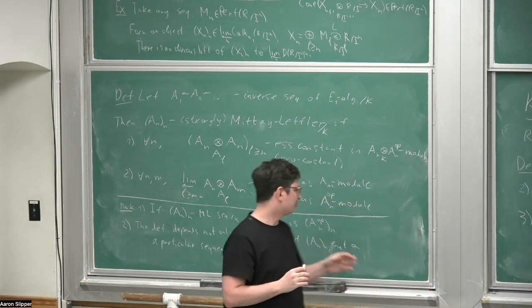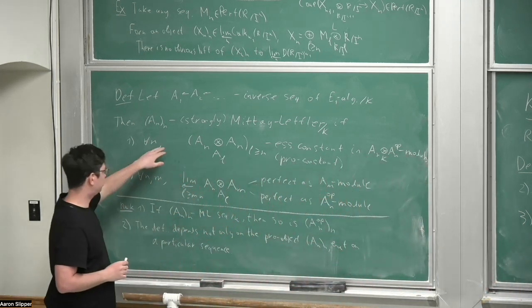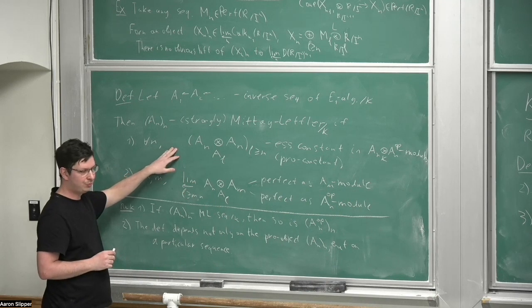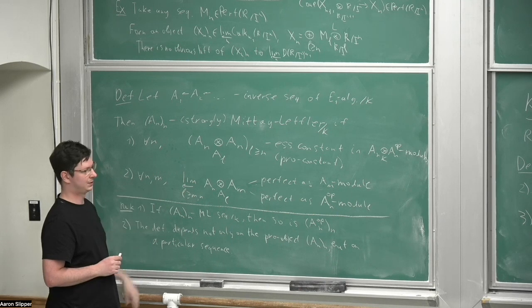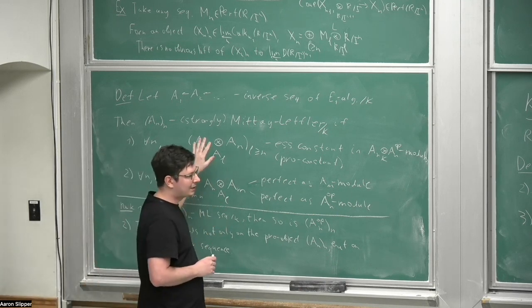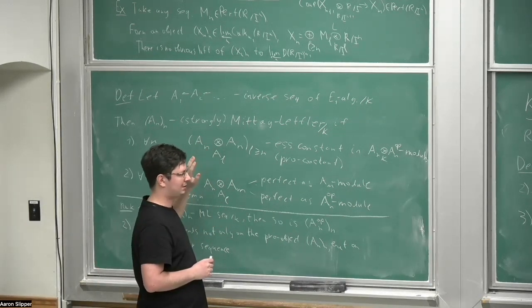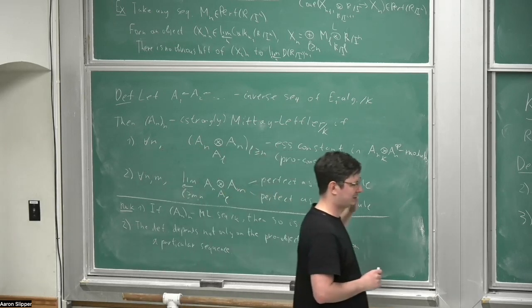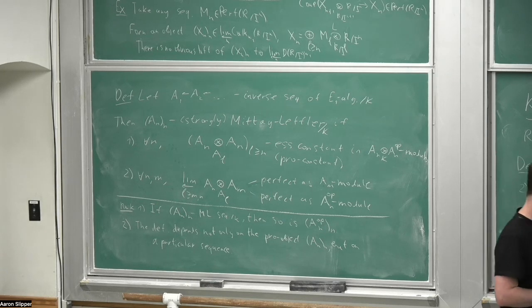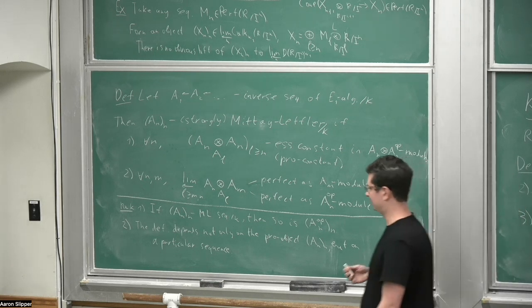Like, more precisely, the first condition depends only on the projection, and the second depends on a particular sequence. I could modify this into a more reasonable definition, but it would just be more technical. So just to simplify this slightly, I decided to choose this version. And in examples, it will be sufficient.